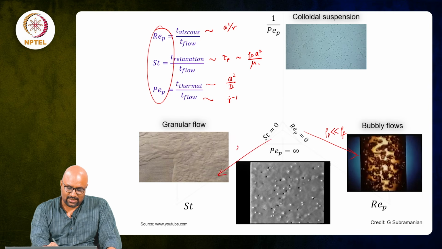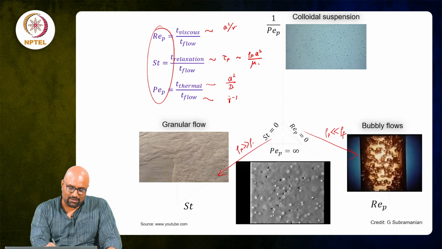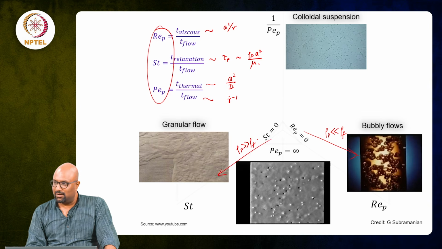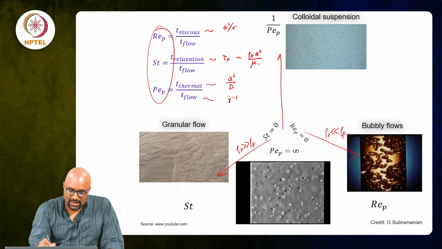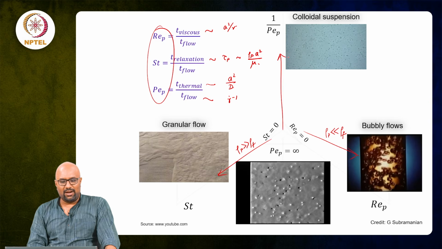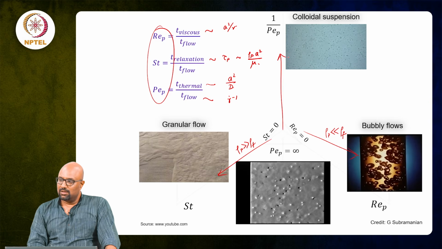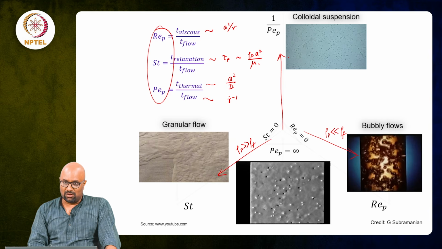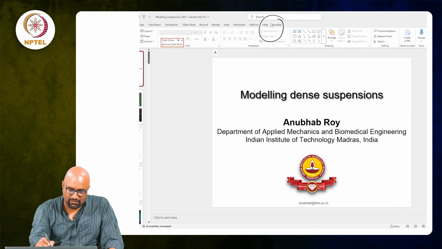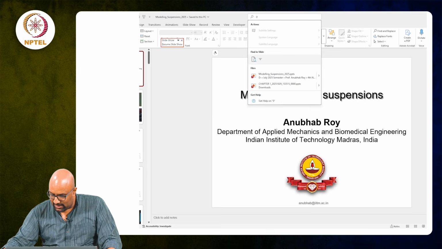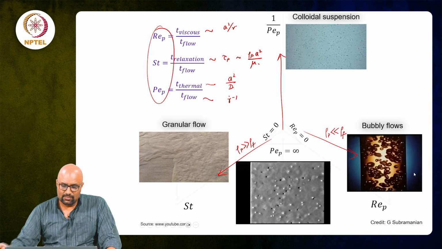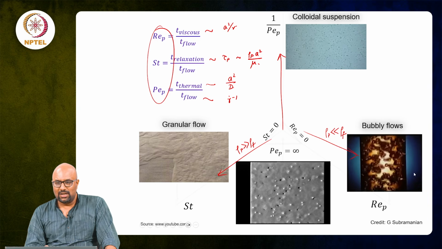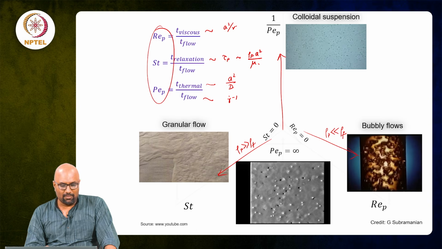Similarly, the Stokes axis is when the particle density is infinitely larger than the fluid density, and you get granular flow. And then there is the inverse Peclet axis, where if you move towards smaller and smaller values of Peclet, which means inverse Peclet is large, then you encounter scenarios where thermal fluctuations are very important.